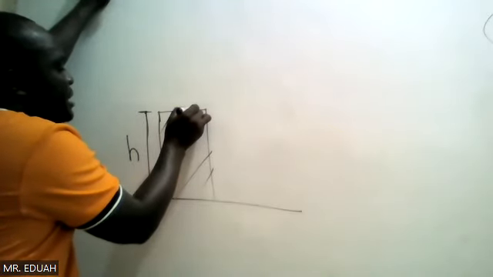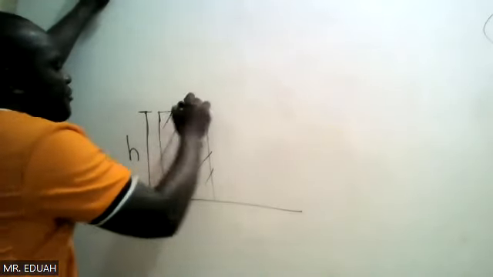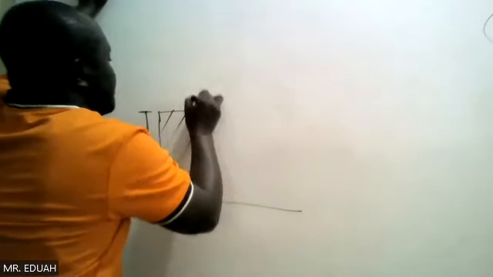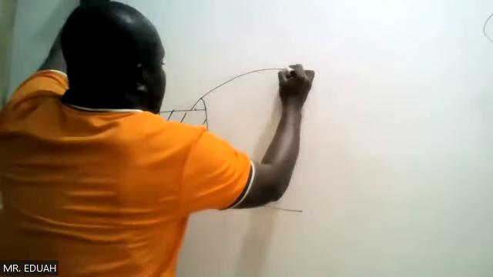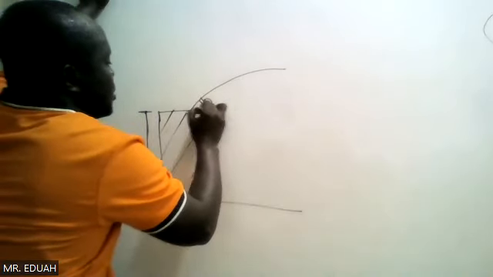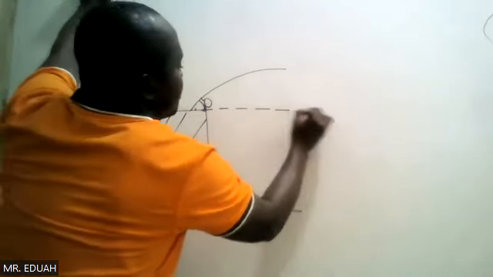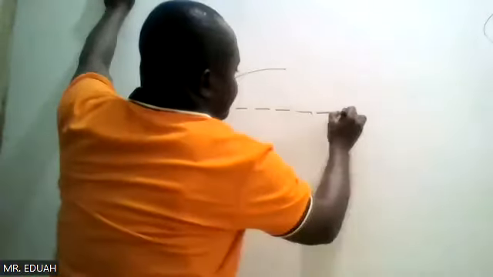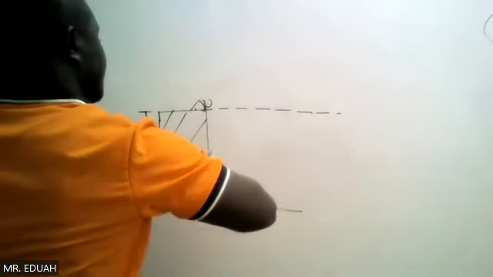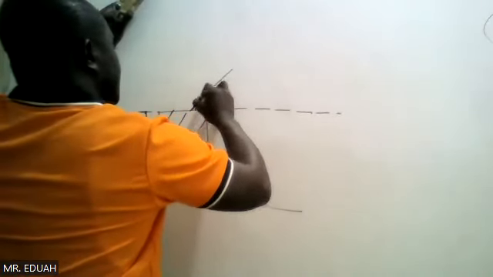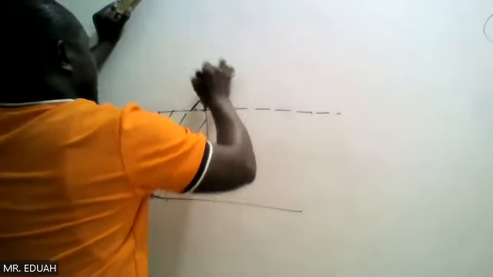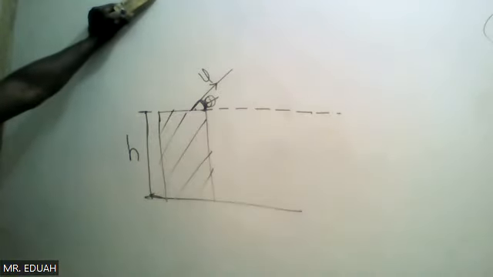Now it is fired at an angle to the horizontal. This is theta. The velocity of projection is u, and the angle of projection is theta.